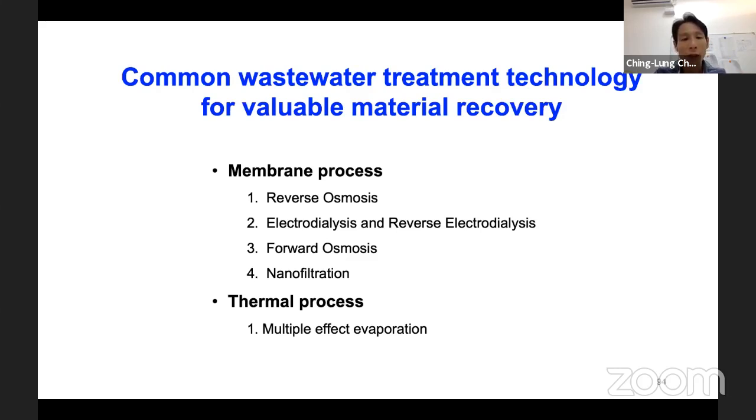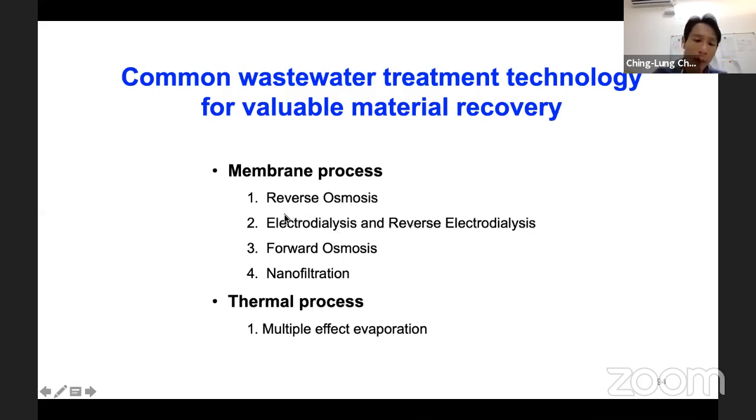There are many methods or technologies that can be used to recover the metal. The first one is called the membrane process. The membrane process includes reverse osmosis, which is called RO. The next one is electrodialysis and reverse electrodialysis.